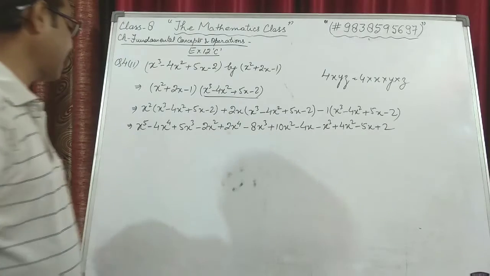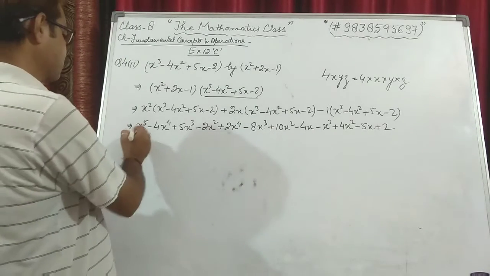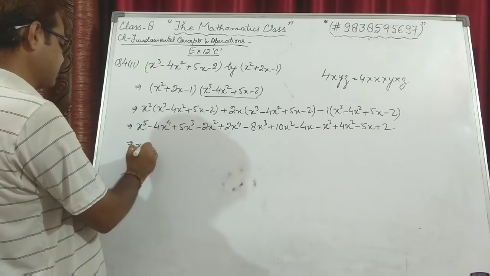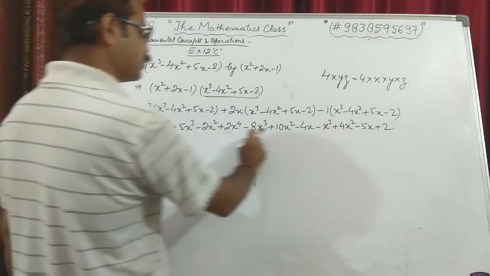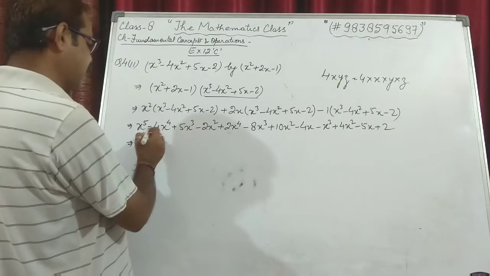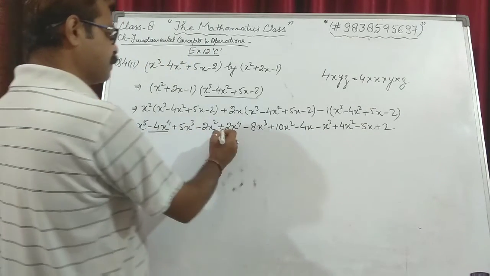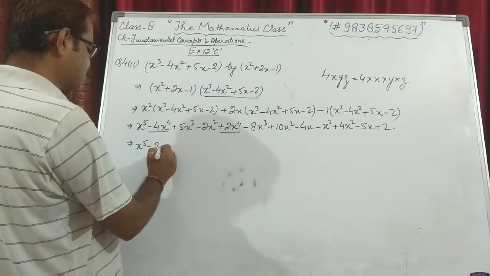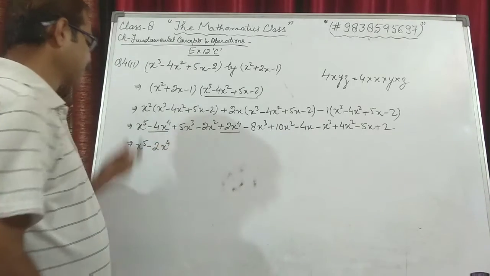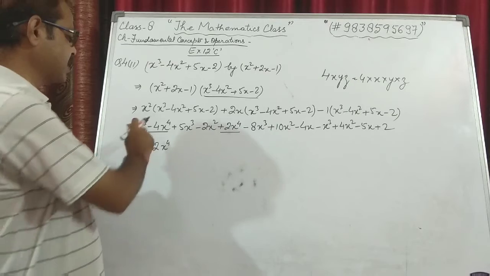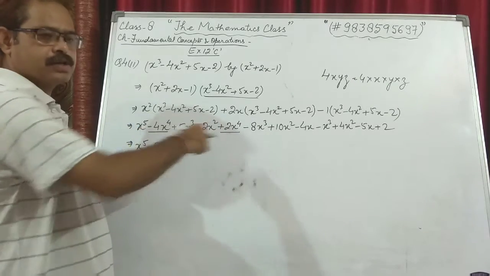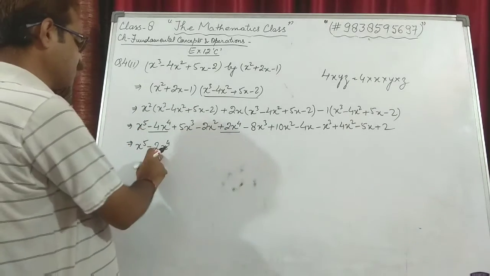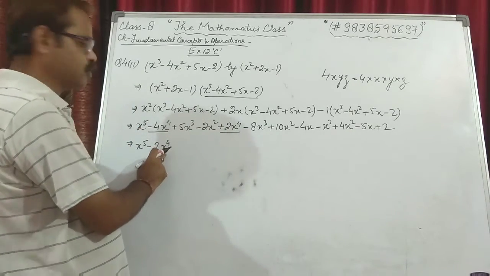Now we'll find out the like terms. So x to the power 5, we have only one. Now minus 4x to the power 4 and plus 2x to the power 4 will give you minus 2x to the power 4. Let's say minus 4 oranges plus 2 oranges, so the final value will be minus 2 oranges, and the oranges were in the form of x to the power 4.